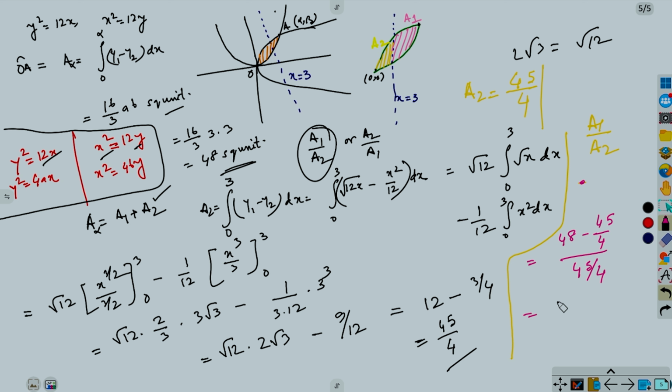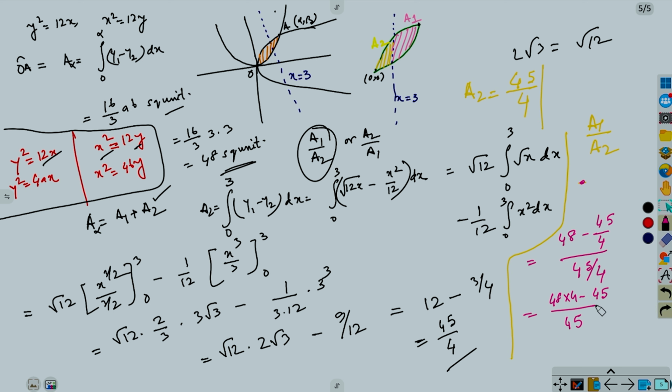So this gives 48 times 4 minus 45, all over 45, since the 4 will be cancelled out. Simplifying, what will we obtain?